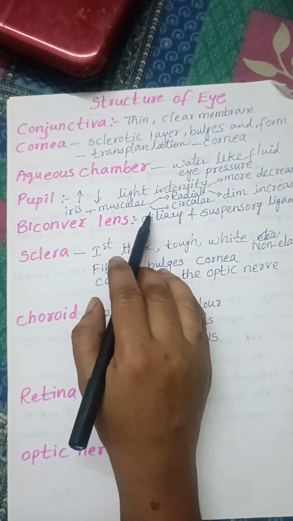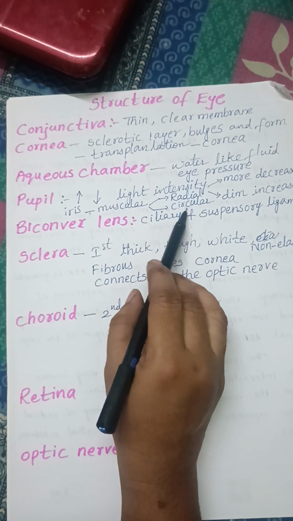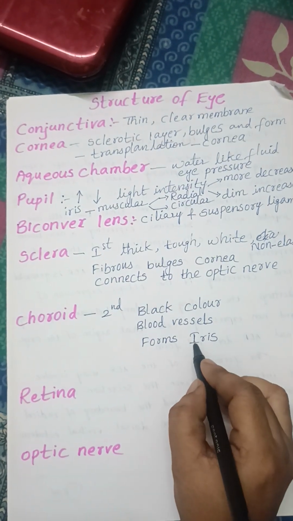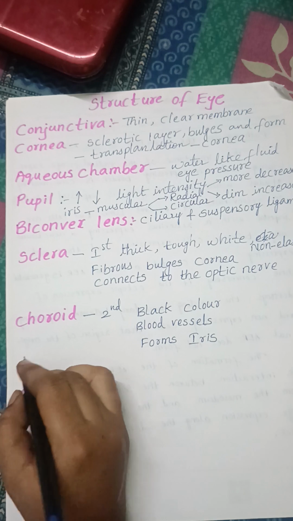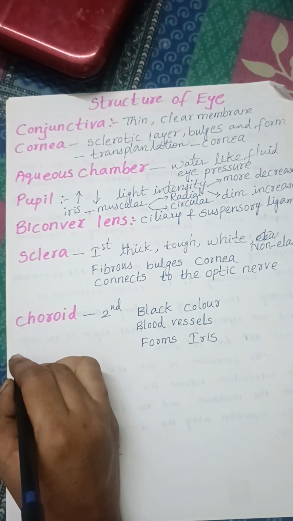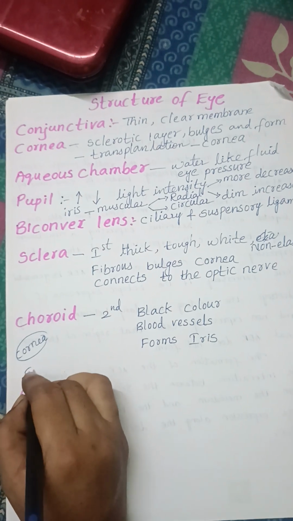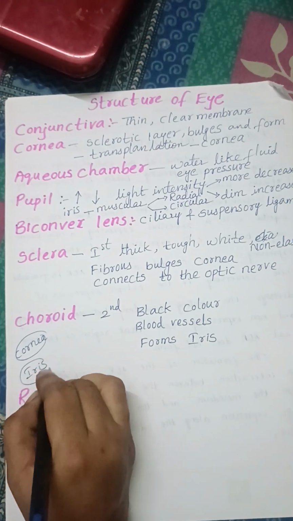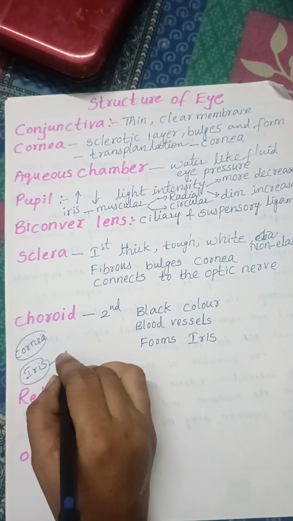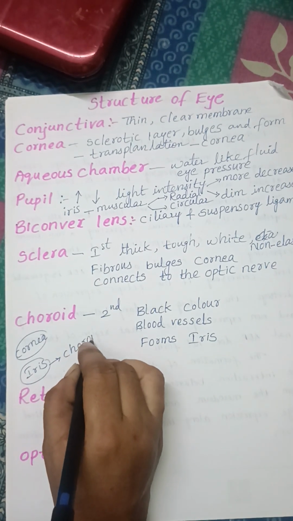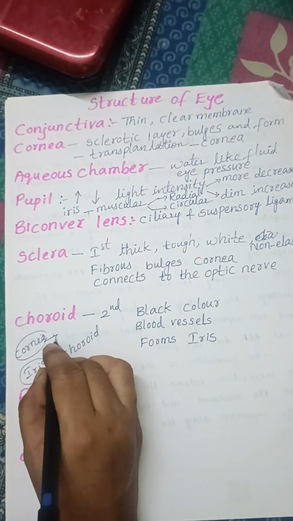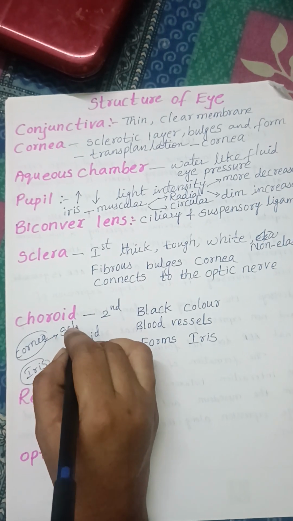Those are radial muscles and circular muscles. Here two things don't forget: cornea and iris. So iris is formed by the choroid. Cornea is formed by the sclera.